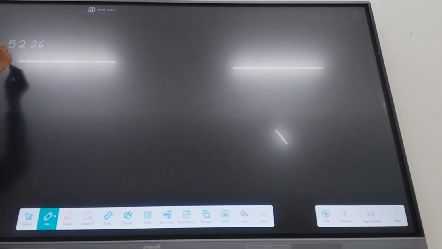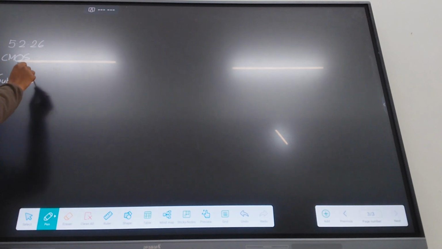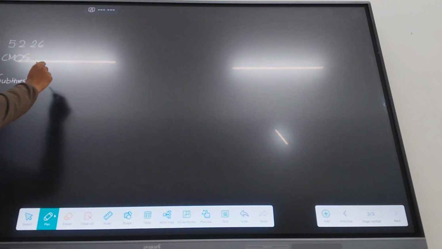We were discussing CMOS. Now in CMOS there is a term called sub-threshold slope.